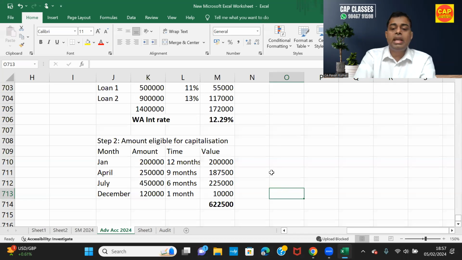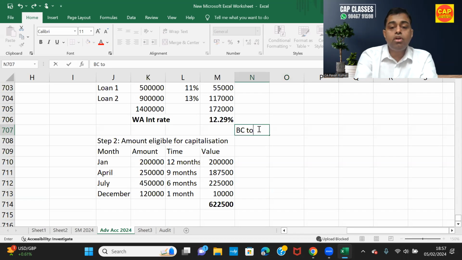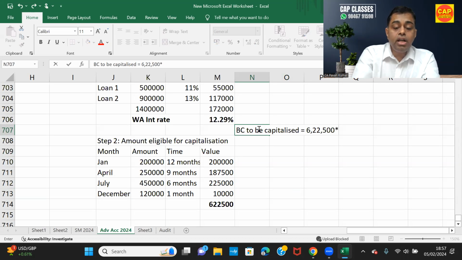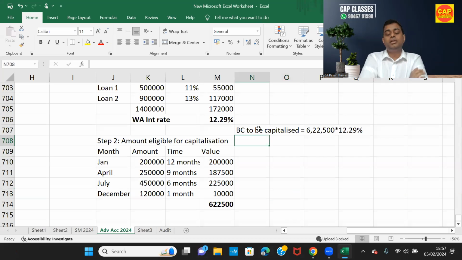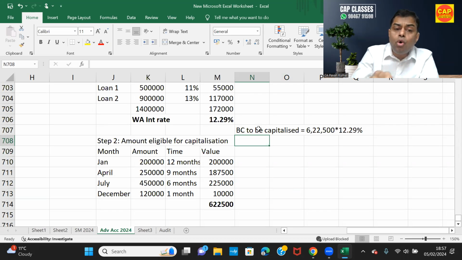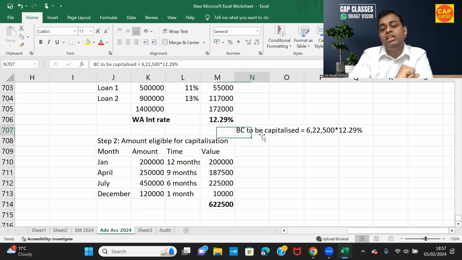Can I say borrowing cost to be capitalized is equal to 6,22,500 into 12.29%? No, sir. Very good. If the whole borrowings were only general borrowings, you could have done this.